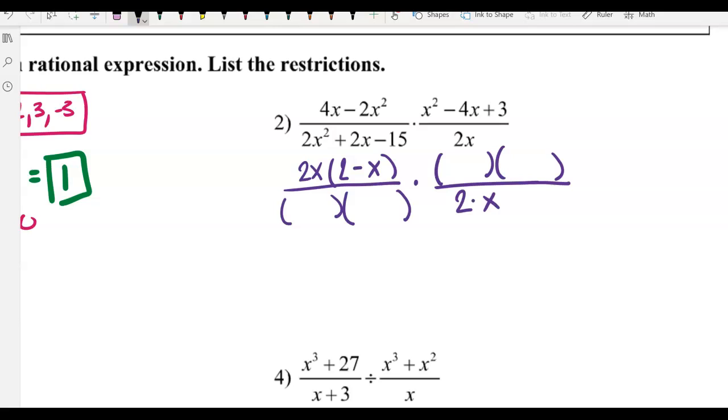You got it? All right. What are your numerator factors? X minus 1 times x minus 3. Good job. 2x plus 5 times x plus 5.